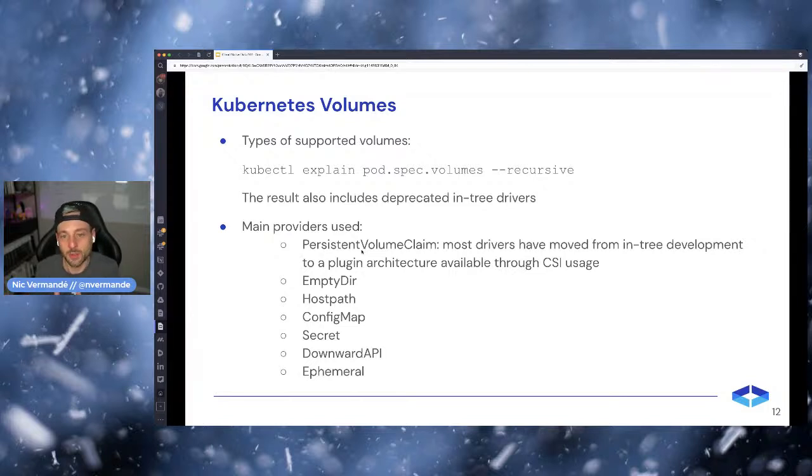So here I've typed a command for you guys. If you want to test it, it will give you all the volumes that are currently supported, which is a lot. There are a lot because there are also a lot of deprecated in-tree volume drivers. What I mean by in-tree: prior to the CSI, the Container Storage Interface, which we're going to be talking about in 1 minute, before that standardization for plugins, all the storage plugins in Kubernetes were developed as in-tree drivers, directly in the Kubernetes main trunk.